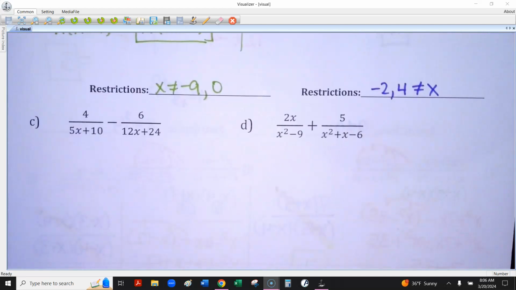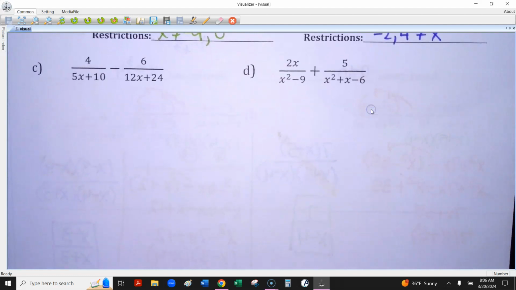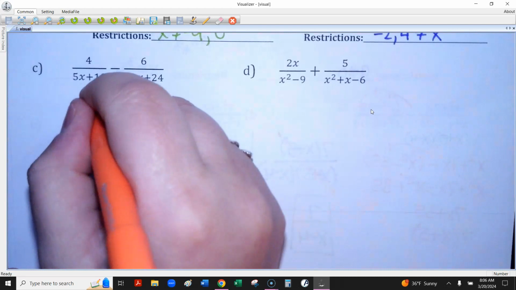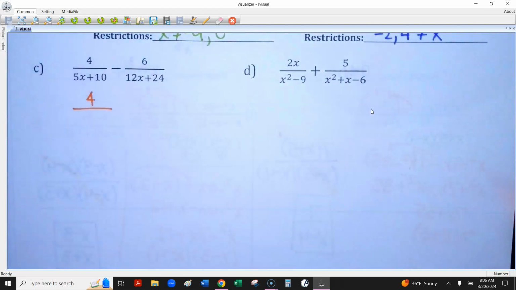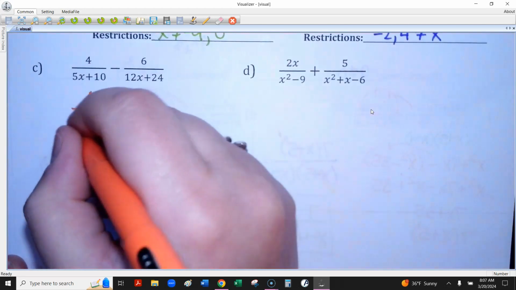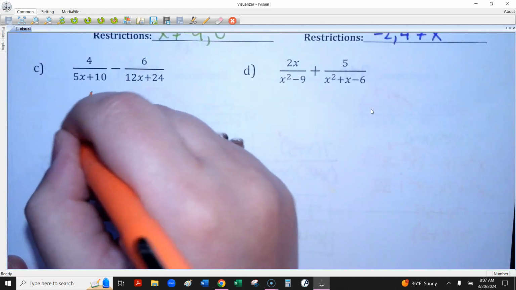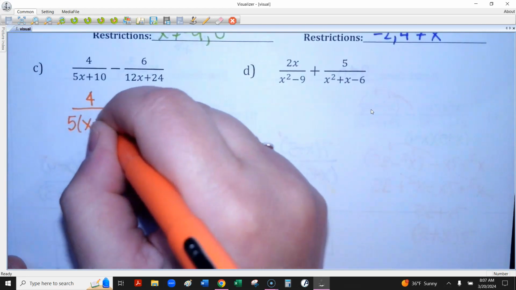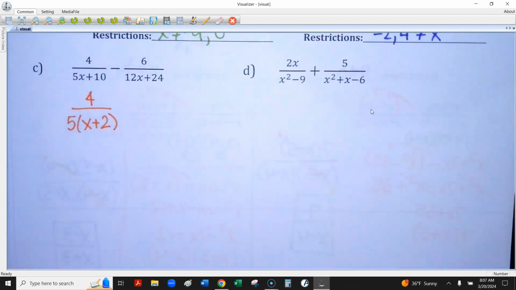Okay, now the 2 at the bottom. If you don't have factored form in your denominator, I'm going to do that first to see what, if anything, I need to create a common denominator. So I have 5x and 10 in the bottom here. Both of those are divisible by 5. So if I take that greatest common factor out in front, the bottom of that fraction would look like 5 times x plus 2.